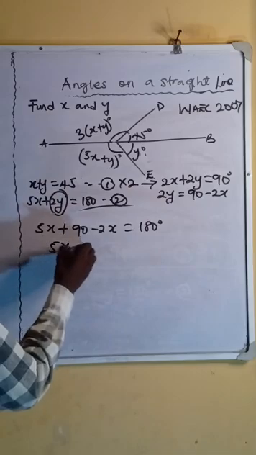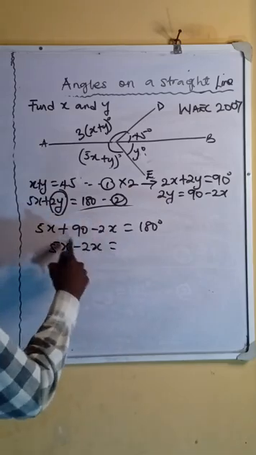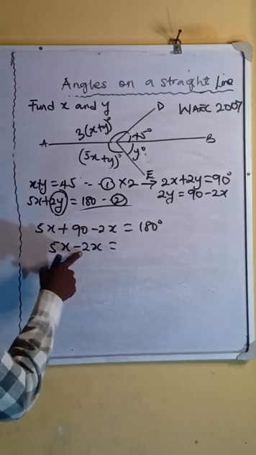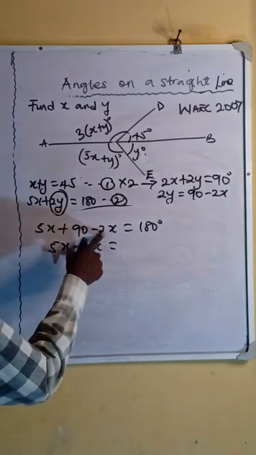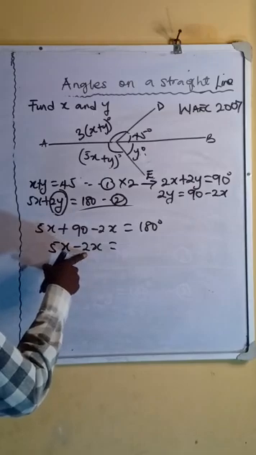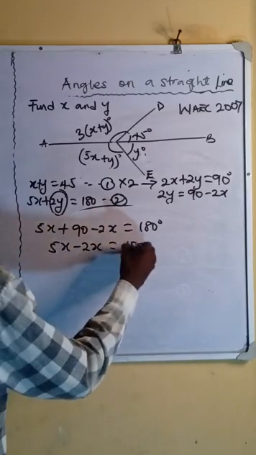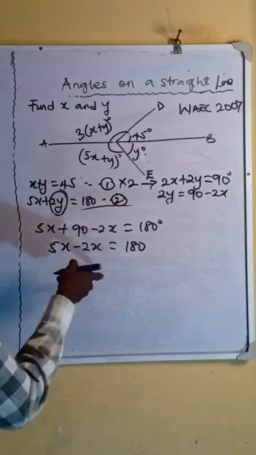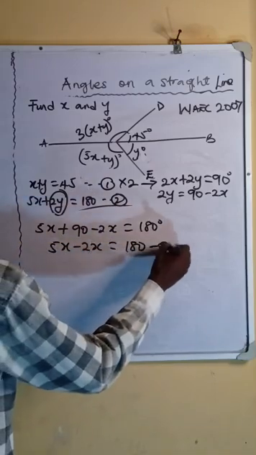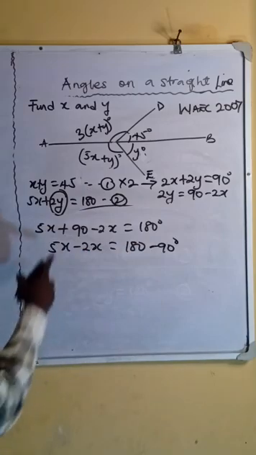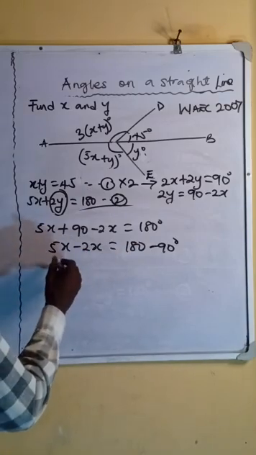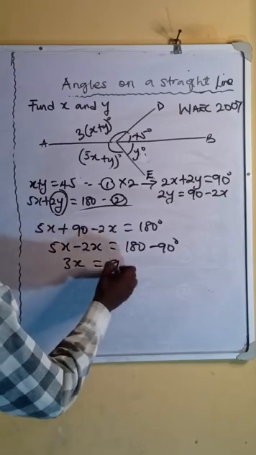So you have 5x minus 2x, that is collecting like terms. Remember, the sign will only change if it crosses over an equal sign. Since this minus 2x does not cross over an equal sign, its sign will not change. But over here, 90 is crossing over an equal sign, and its sign changes to minus 90. So you have 3x equals 90.